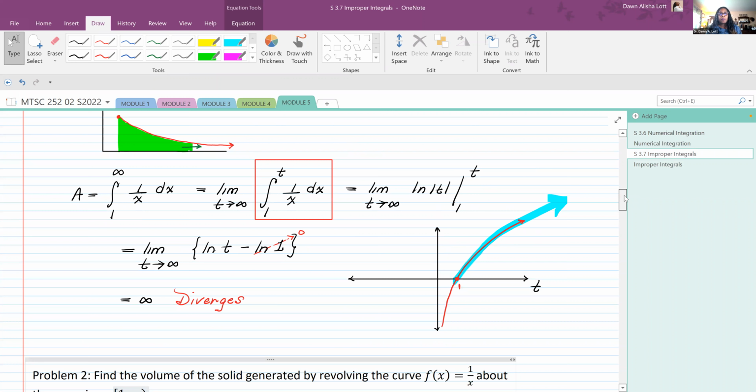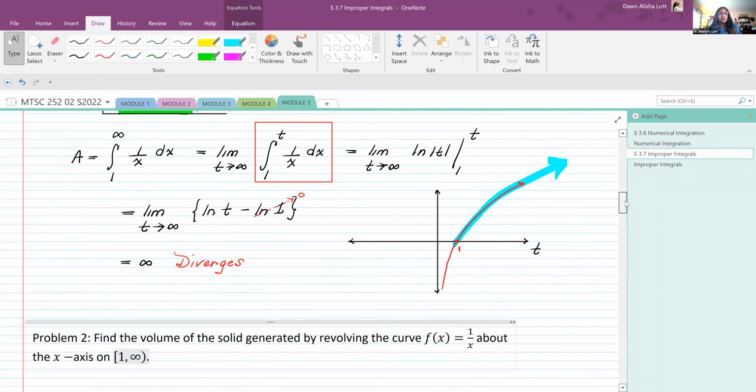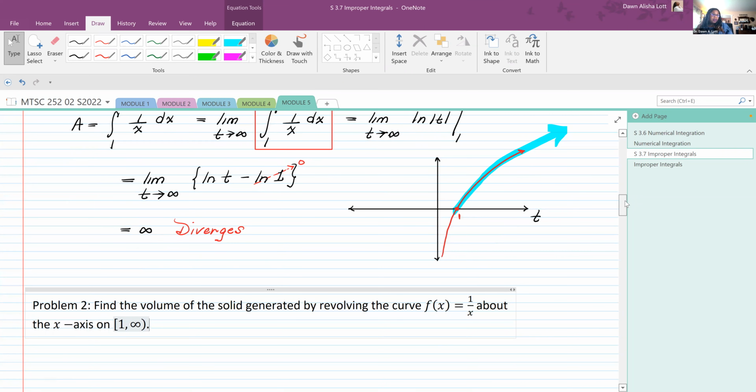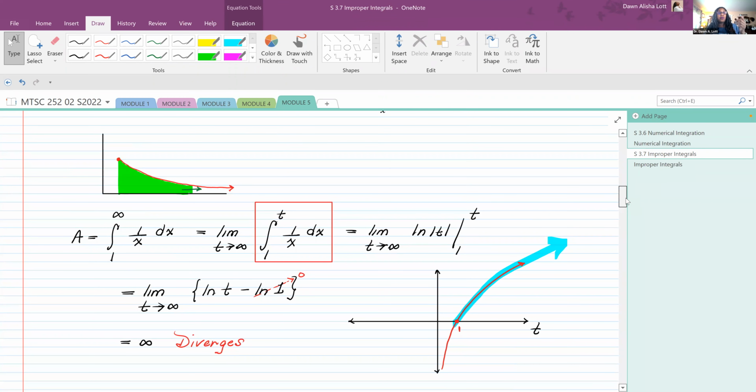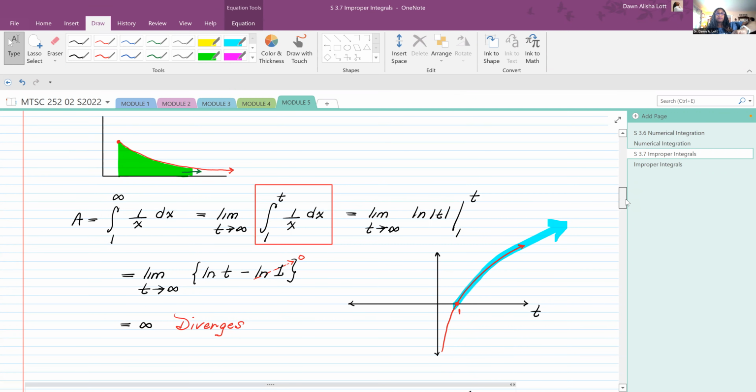Okay. So now we're going to take the volume of revolution. So we're going to take the solid that we have in the last problem, and we are going to take that area and revolve it about the x-axis.